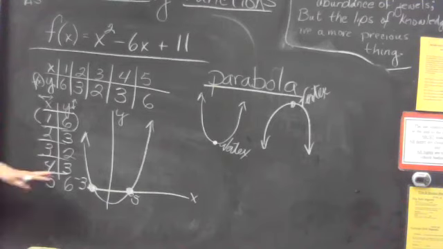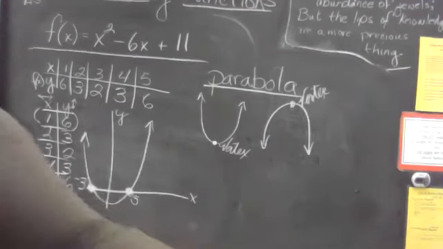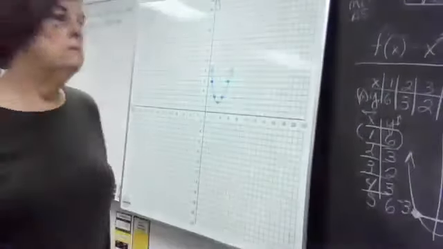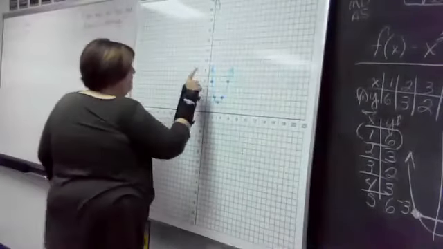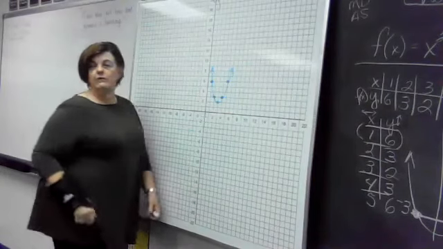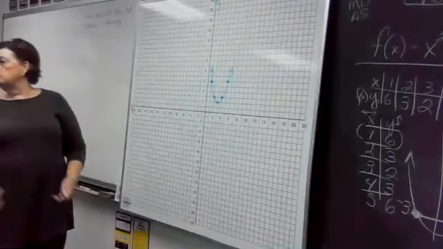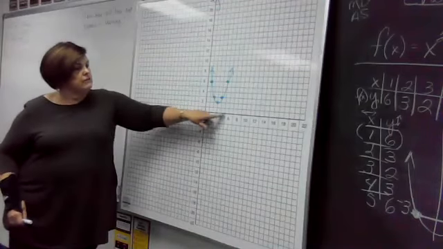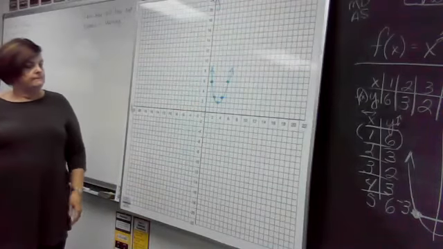Now you may have 2 zeros, which is pretty common, but look at this one that we graphed. Notice that it never ever touches the x-axis, right? So you can have no zeros. This has no zeros because it never touches the x-axis.